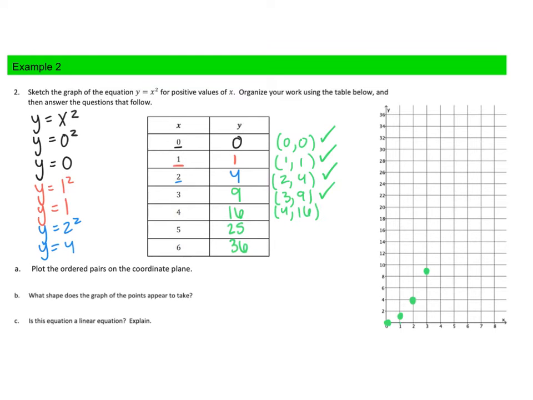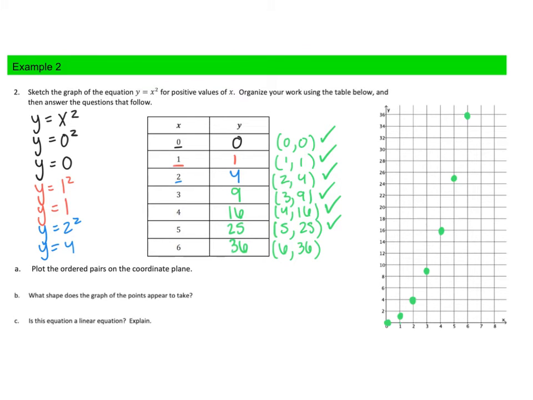Next, over 4, up 16. Next one, over 5, up 25. And then the last one, over 6, up 36. Okay, so our question says, what shape does the graph of the points appear to make?